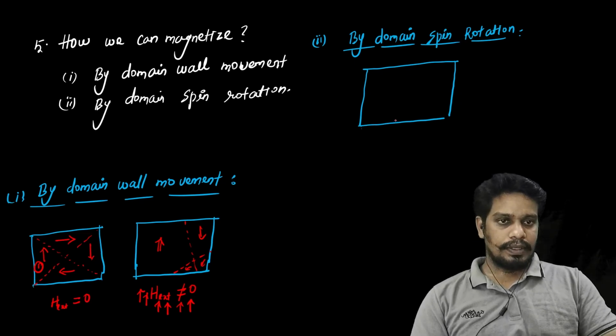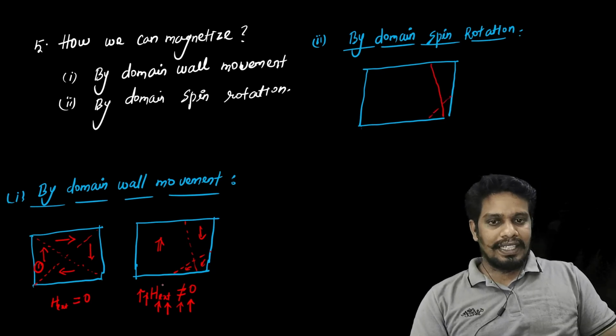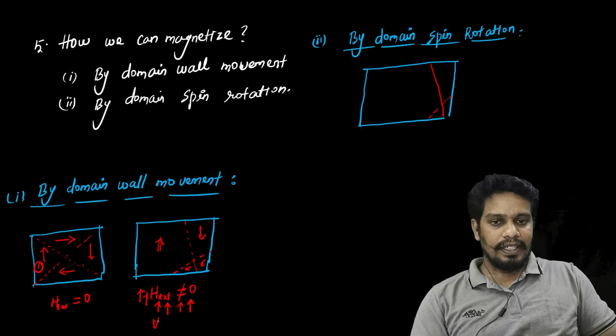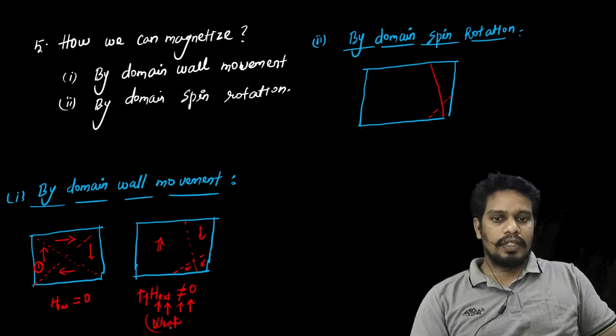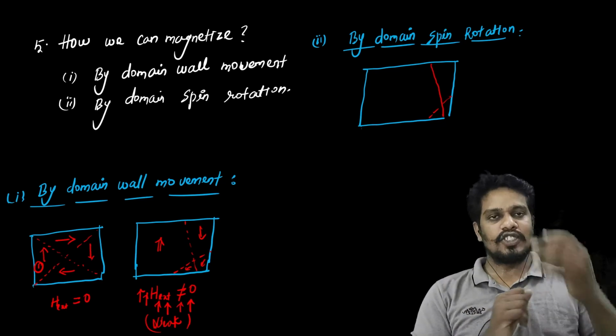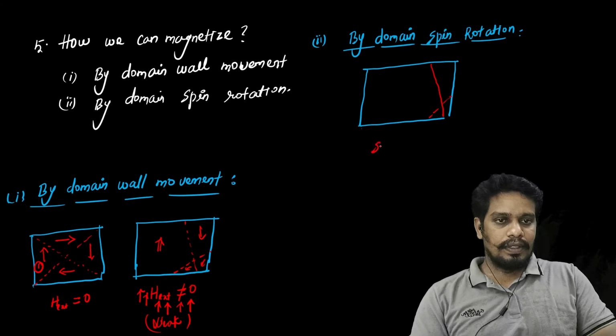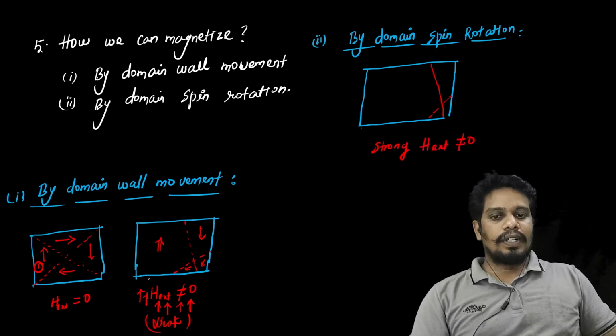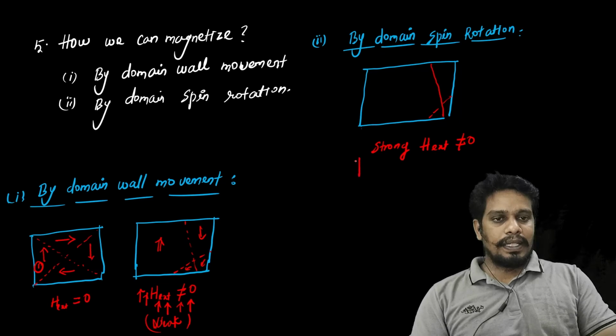Suppose you are giving an external magnetic field, but in the first case we are giving a weak magnetic field. This weak magnetic field is enough to move the domain walls. Now suppose I am giving a strong external magnetic field, applied in this direction.